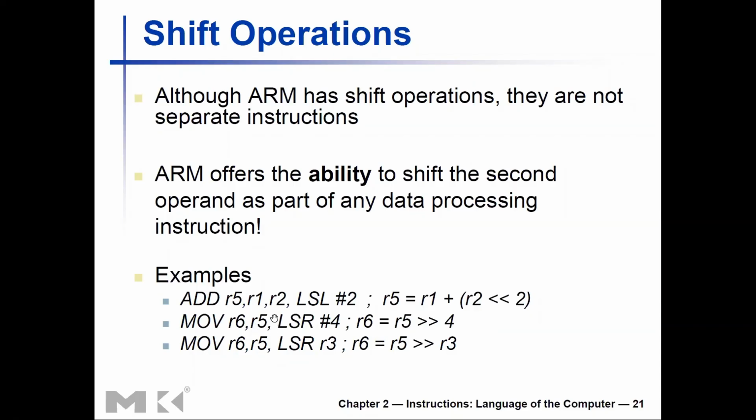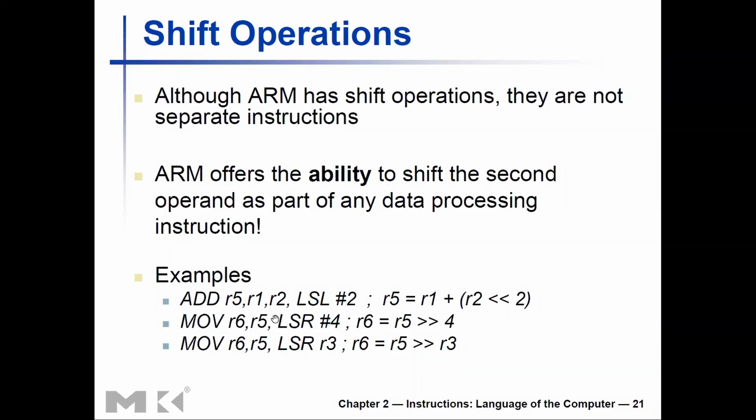Say for example, you don't always need to shift a value and add it to some other value. Maybe you just need to perform the shift operation. For that you can use the move instruction. Move is an instruction in ARM used to move a value stored in one register to another register.